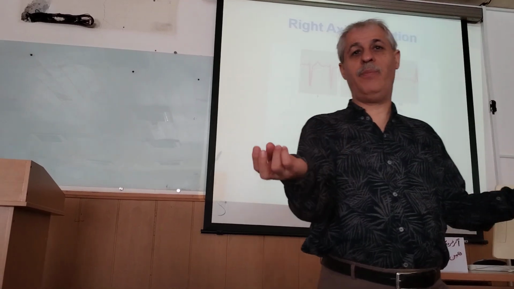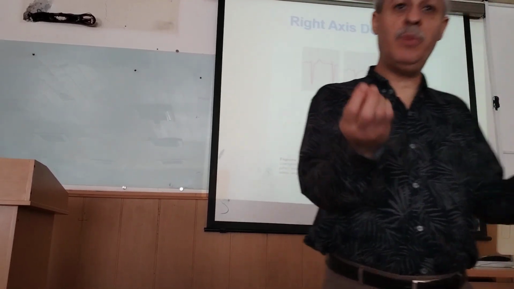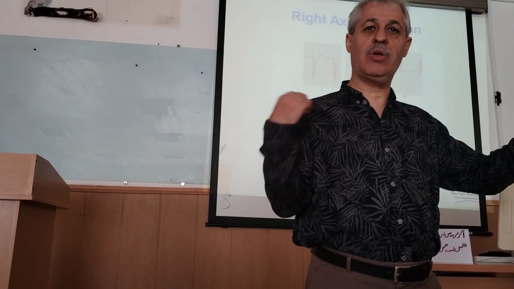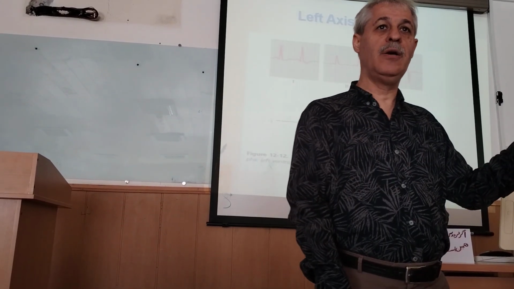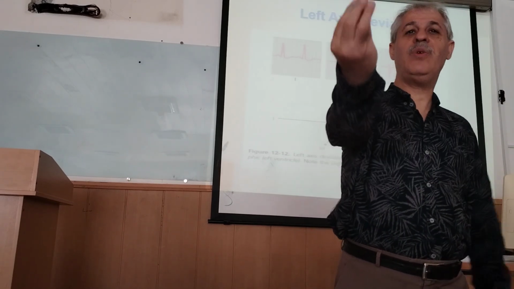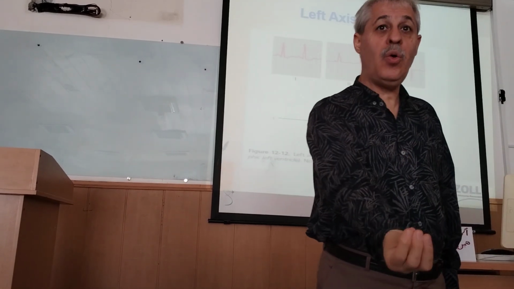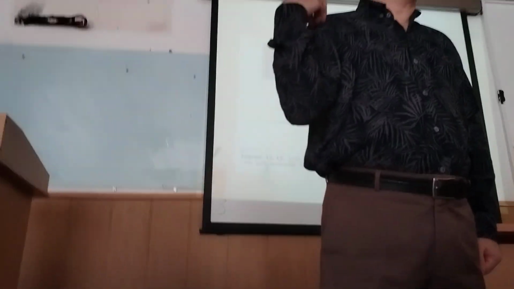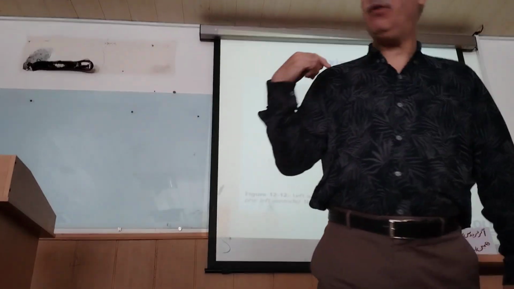Now I want to make an electrical potential between two electrodes. Negative electrodes are connected to a high resistance source, made zero. Now we have the positive pole at our hand. If I connect it to the right hand, that would be AVR.